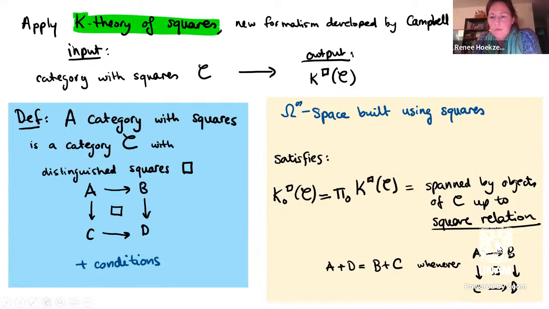The square relation being that whenever I have a square A, B, C, D, I get the relation A plus D is B plus C. So you can really think of this as, well, if I have a push-out, so I glue B and C over A, then in particular, D should be B plus C minus A. So this is that relation.